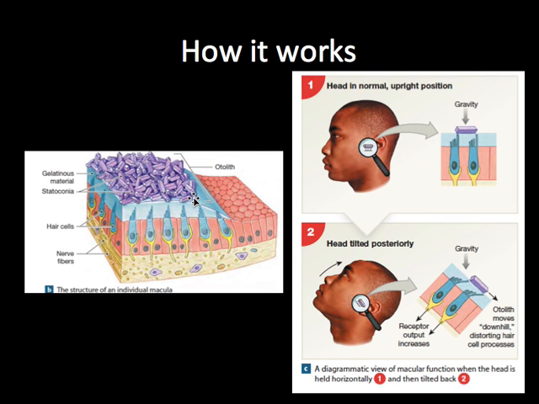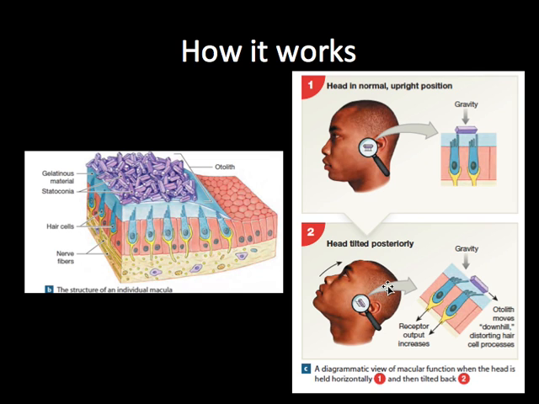And how they work is that when you're standing upright, gravity works on these crystals, because they provide a bit of weight, and it presses down on the gelatinous material, presses down on the hair cells, and that sends a signal telling your body that, hey, gravity is working in this downwards direction, so odds are you're standing upright.